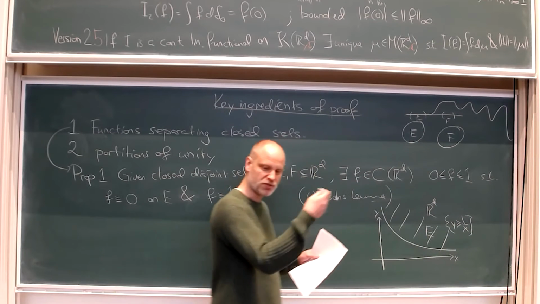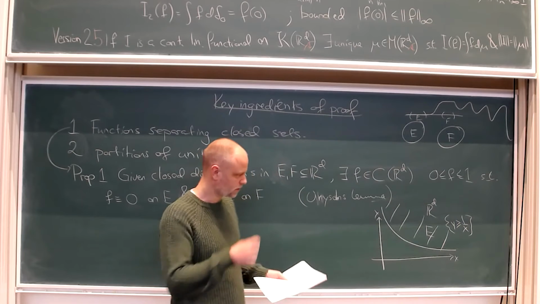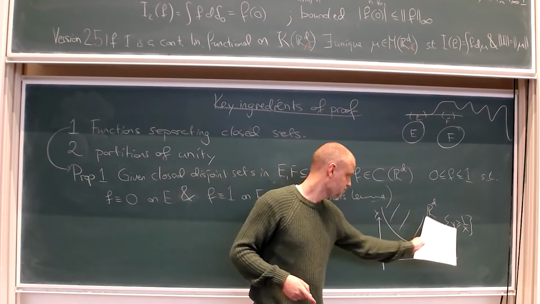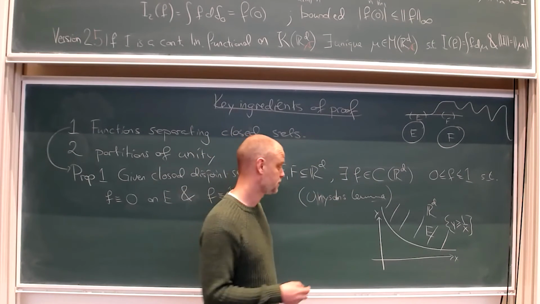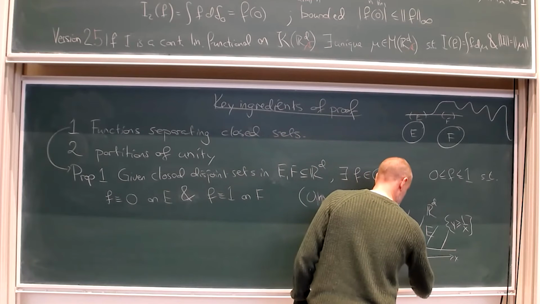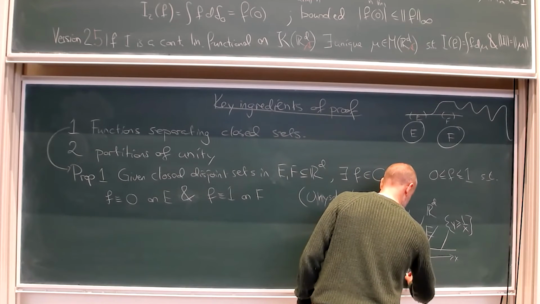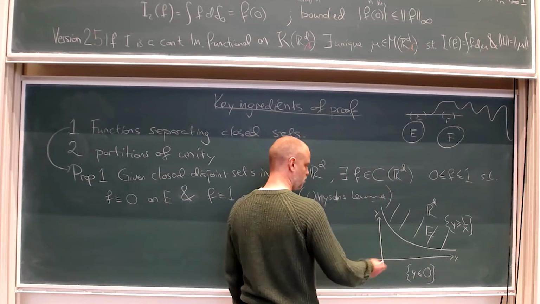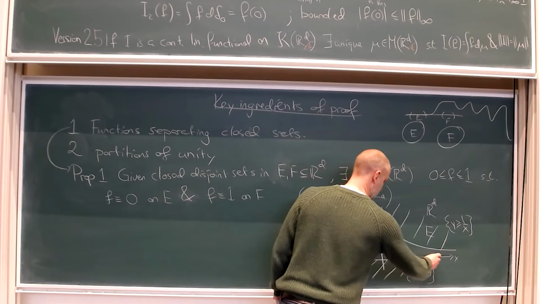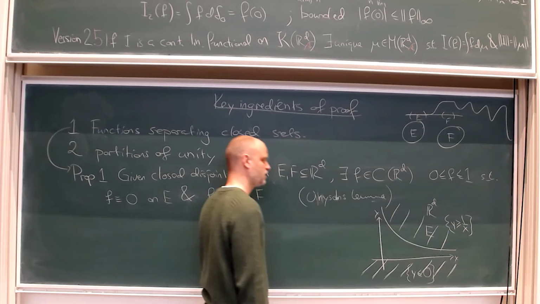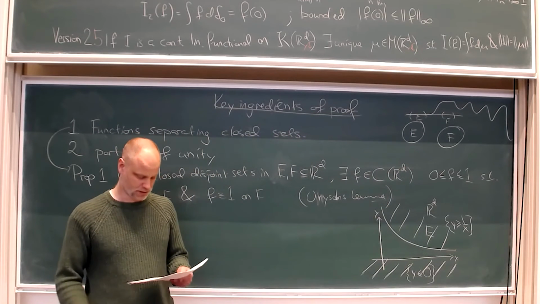So the set of points x, y such that the inequality holds. That's a closed set. And then the other closed set is going to be all the points where the y coordinate is negative. So everything below the x-axis.